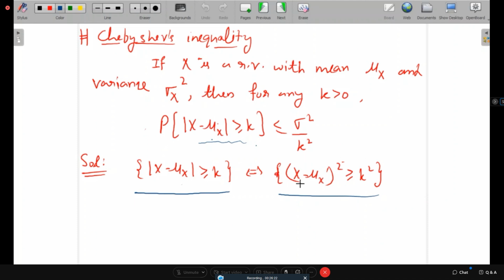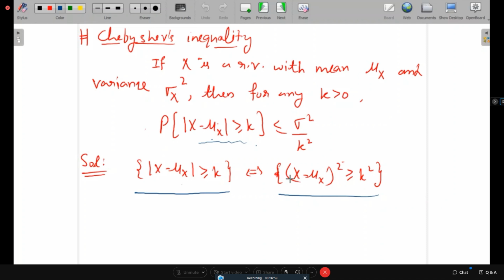Now note that x minus mu x whole square will take only non-negative values. If you take the difference of a random variable with a constant, it will again give you a random variable, and if you square it, it will give you a non-negative random variable which can assume only non-negative values.